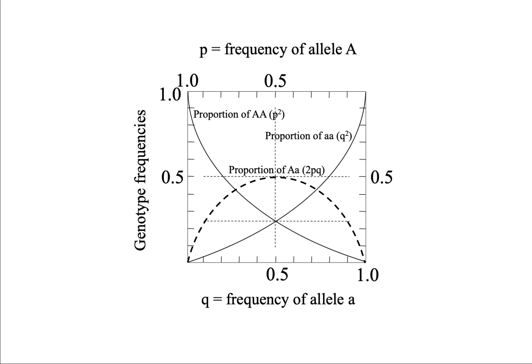That's at equilibrium, but if you're not at equilibrium, meaning there's some sort of positive or negative selection going on, then if the dominant allele is selected for positively, you would move further to the left on the graph, and if the recessive allele was under positive selection, then you would go further to the right on this graph.